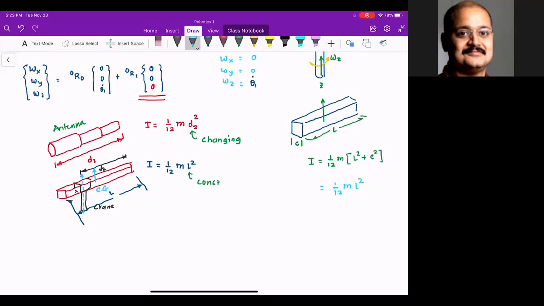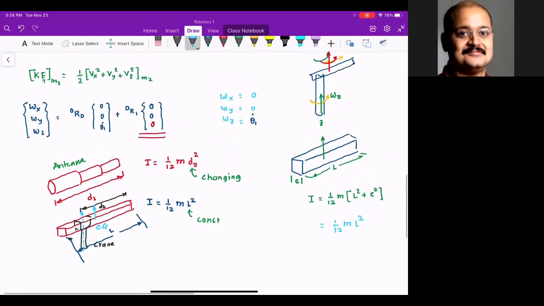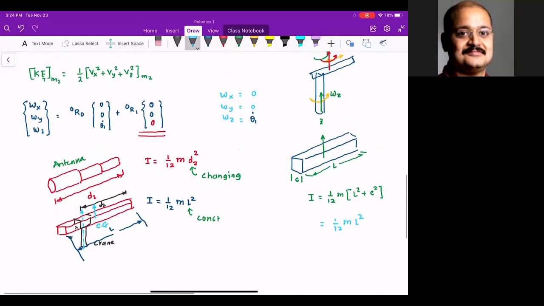You have to align that local coordinate system with the inertial coordinate system, because all our angular velocities are in the inertial coordinate system, and then find the moments of inertia. Believe it or not, this is exactly what I did here. I found the moments of inertia assuming that my z-axis is aligned with the axis perpendicular to link 2, shown in green.